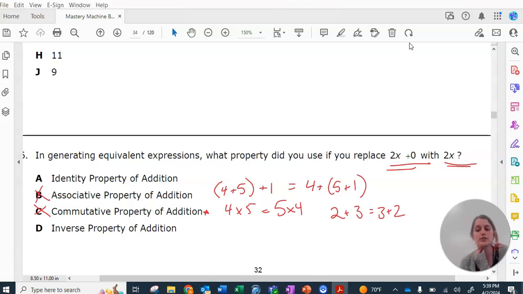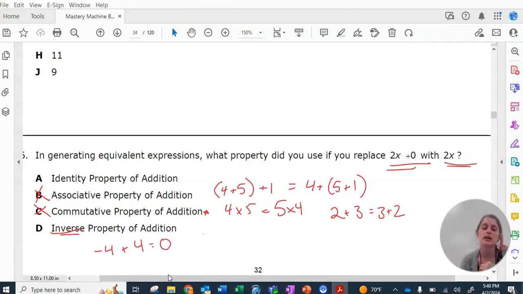Identity property and inverse property confuse me because they both start with an I, and it's harder to tell them apart. But I do know this word inverse means opposites. So that property is when you're saying like, hey, negative 4 plus 4 equals 0, because adding opposites.